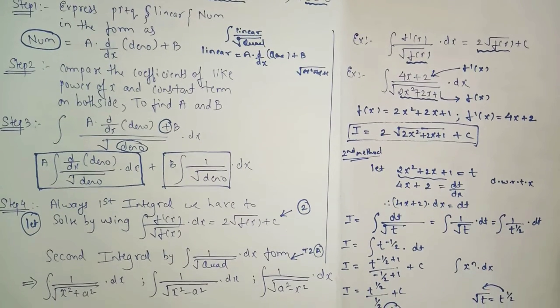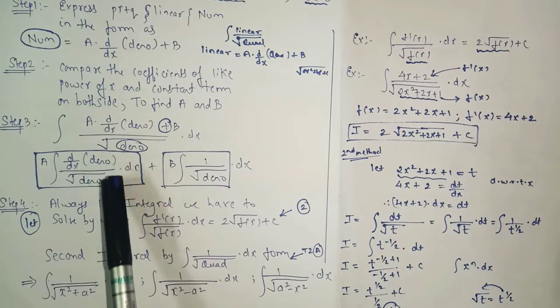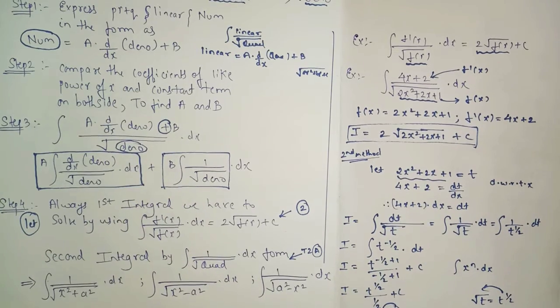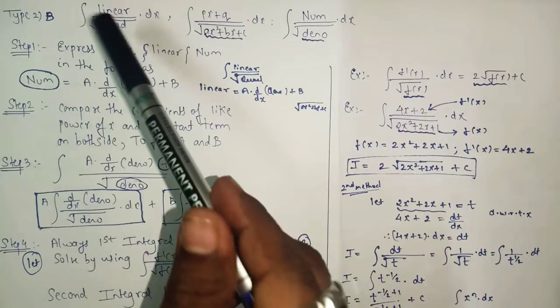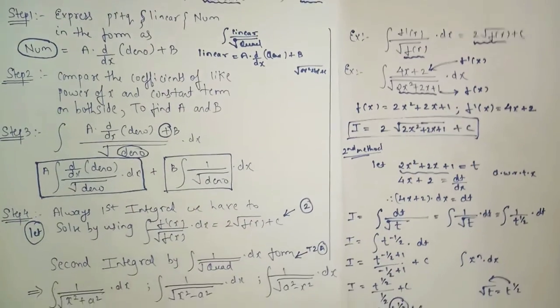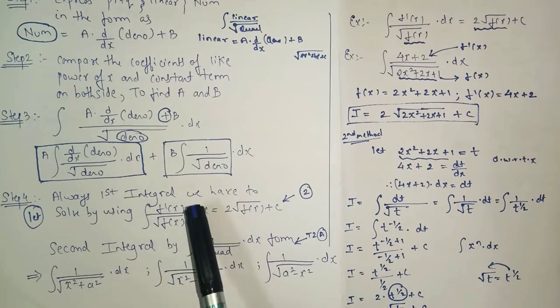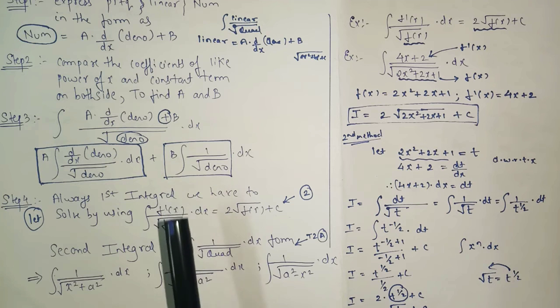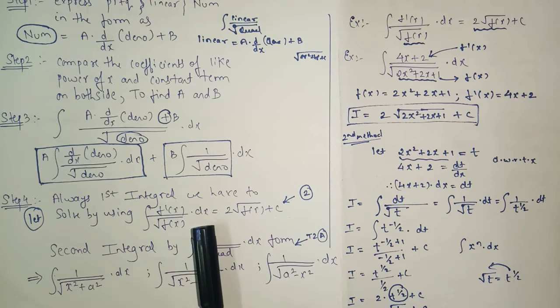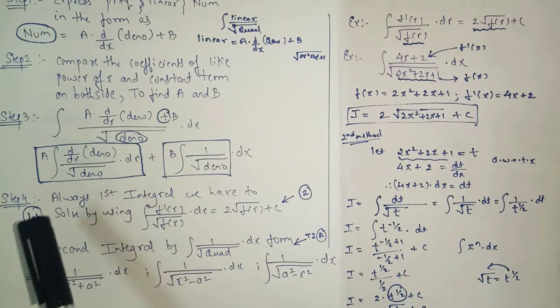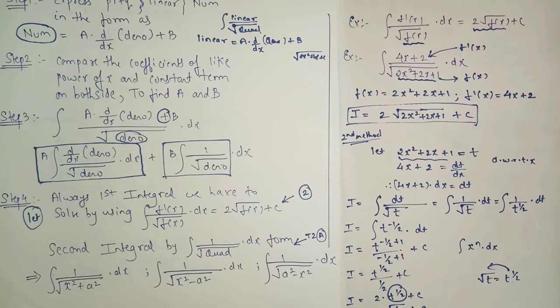As I told, whenever it is in the form of linear upon root quadratic, the first part always gets converted into this property: integral f dash x upon root f of x dx equals 2 root f of x plus c. Or else you can solve the first part by using the let method also.